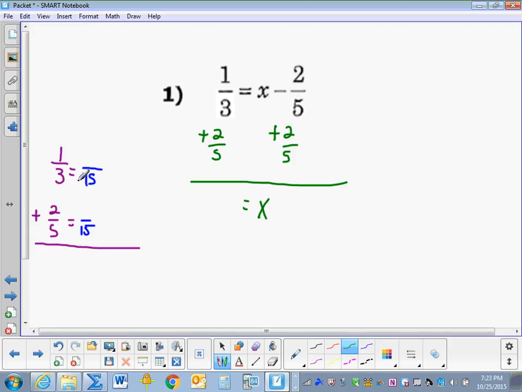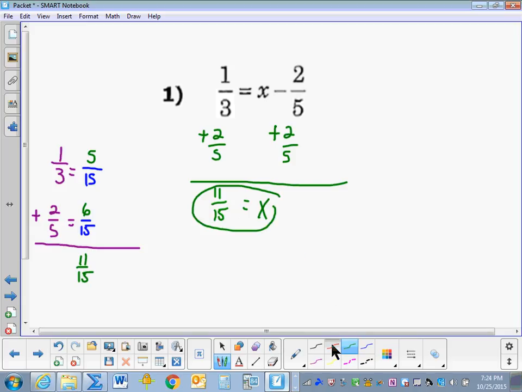I have 3 times what gives me 15? 5. So 1 times 5 is 5. 5 times what gives me 15? 3. So 2 times 3 is 6. So that's 11/15. So x equals 11/15.